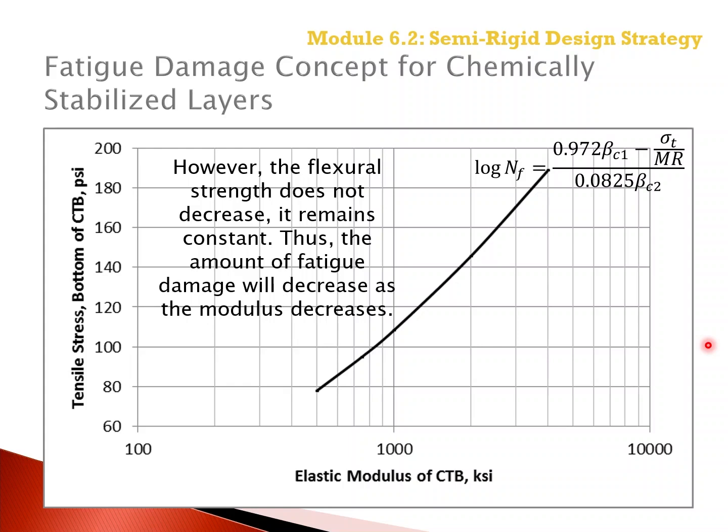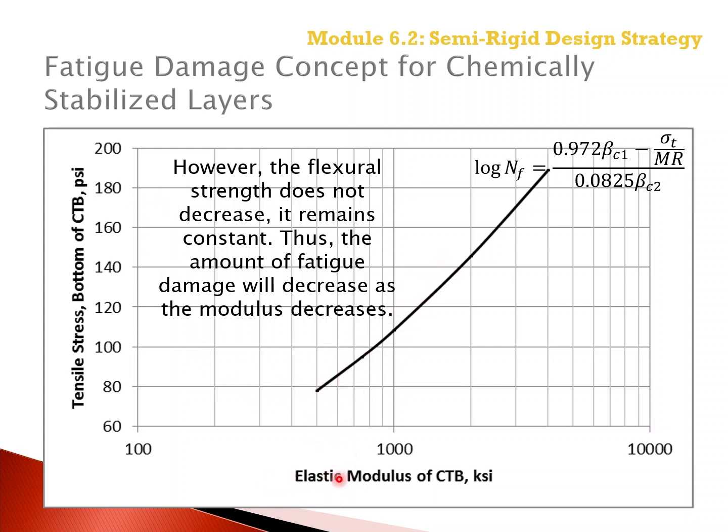However, the flexural strength does not decrease. It remains constant. So the amount of fatigue damage, or incremental fatigue damage, will decrease as the modulus decreases. The reason for that is related to this graph.